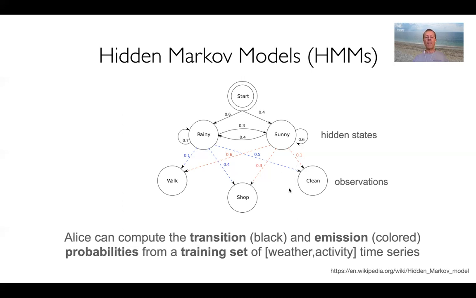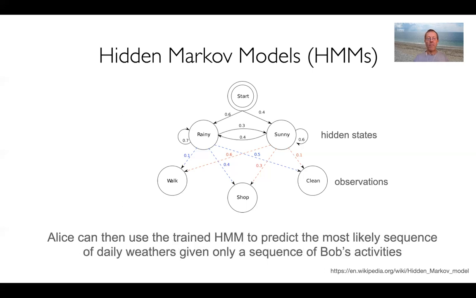And now she's all set up to use new observations coming from Bob to essentially infer the most likely daily weather in the past week in Bob's town. Given a sequence of walk, shop, and clean observations, she can actually figure out the most likely series of daily weathers to explain that particular series of observations.